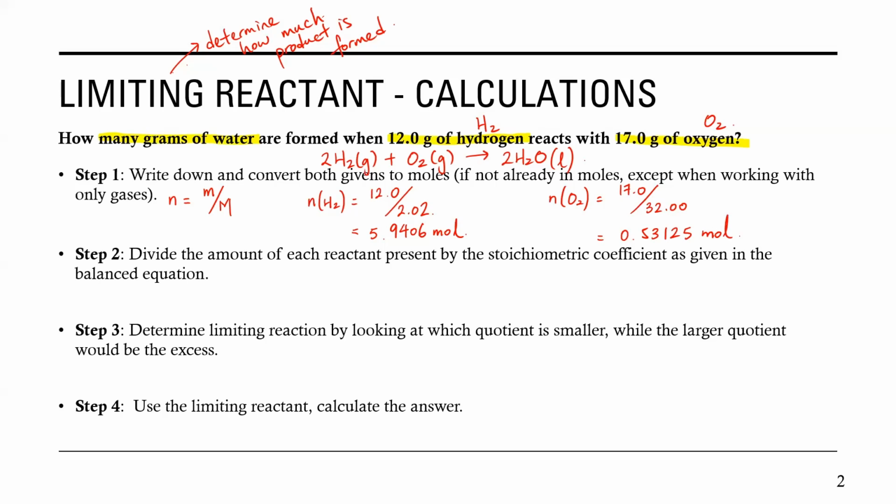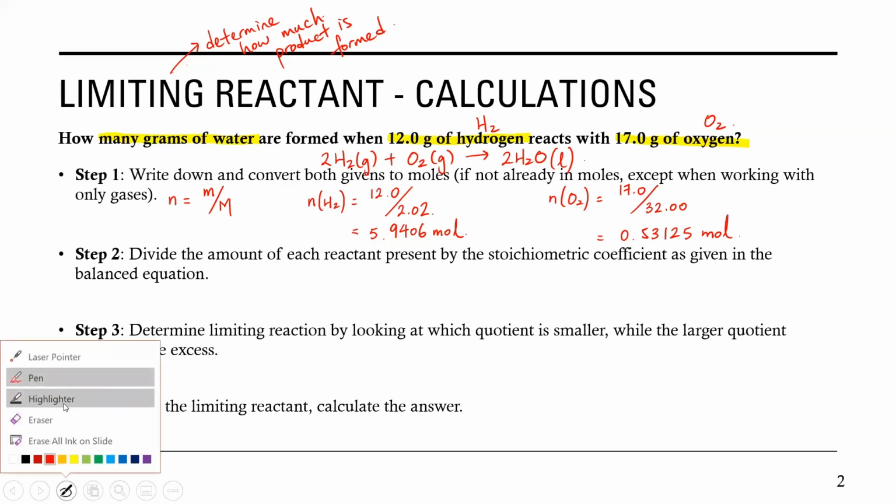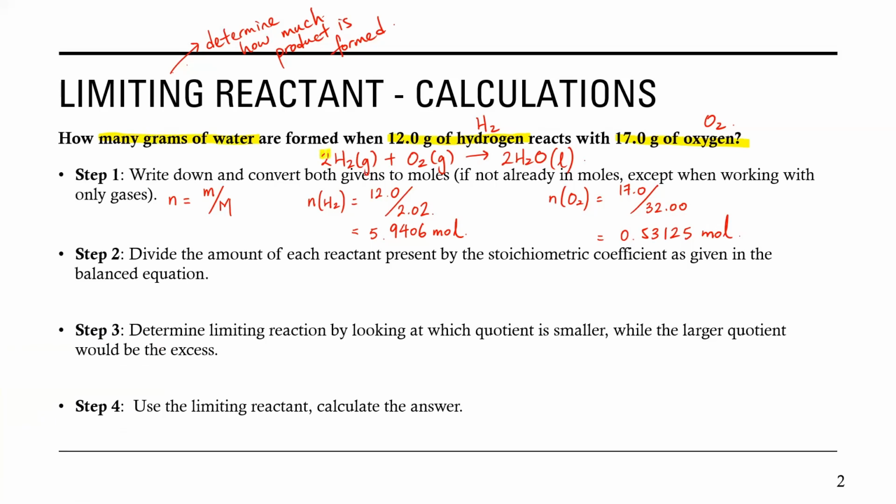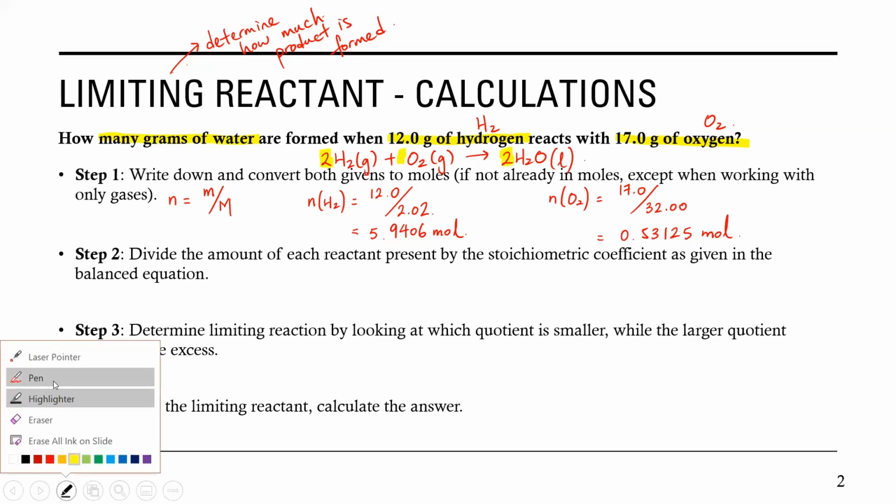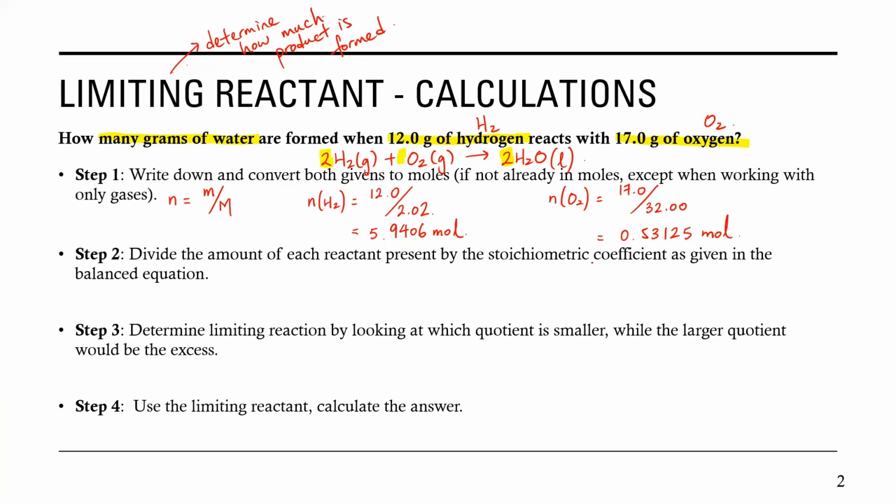Now the next step is to divide the number of moles by their respective stoichiometric coefficient. What is the stoichiometric coefficient? We are looking at the number that is in front of the substances that are present. So in this case, the stoichiometric coefficient for H2 is 2. For O2, it's just 1.